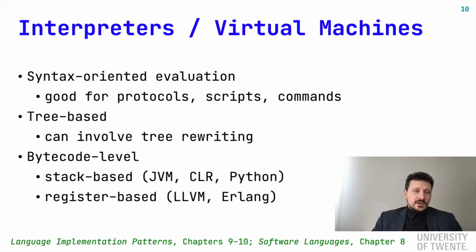And there are some register-based virtual machines where you don't necessarily have a stack. You may have some data structures floating around, but you mostly deal with registers, and you have, let's say, a limited number of local variables, right? So think of them as local variables, and then you will not be that far off. So LLVM, for instance, that's a register-based virtual machine. But Erlang and Lua and some other languages, they also go for register-based machines.